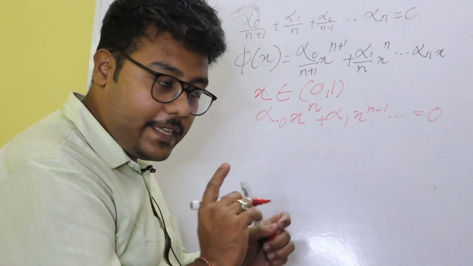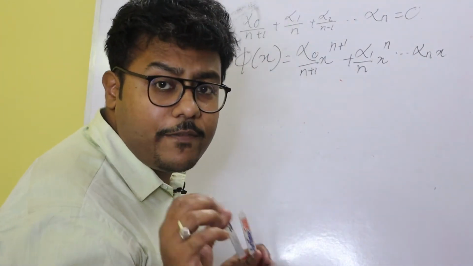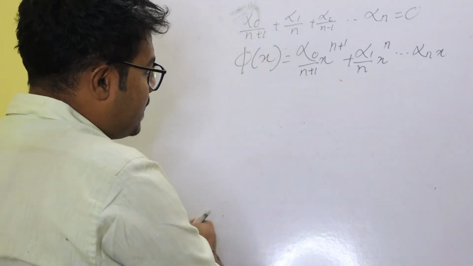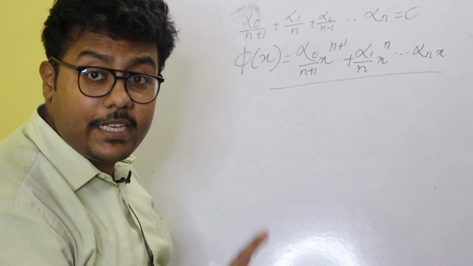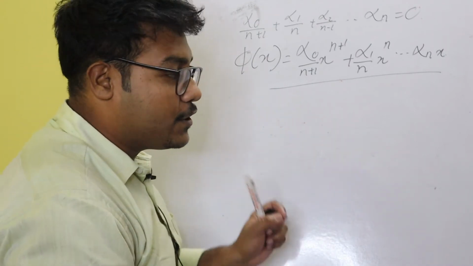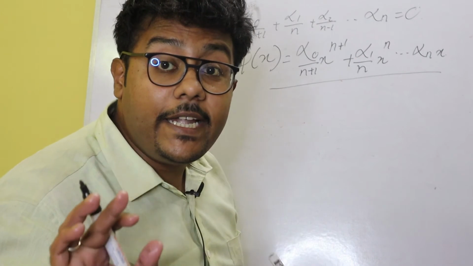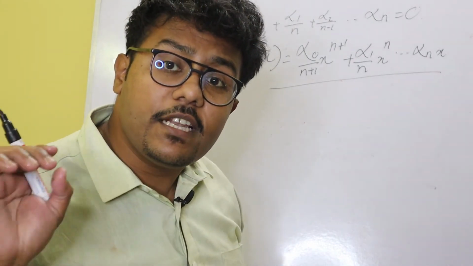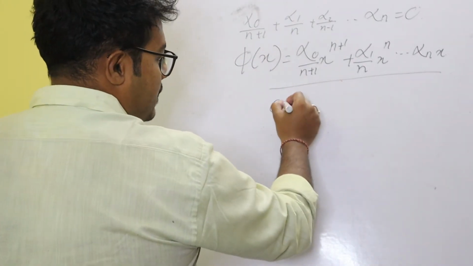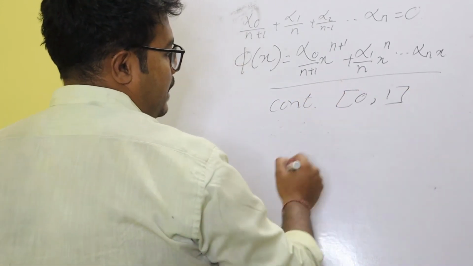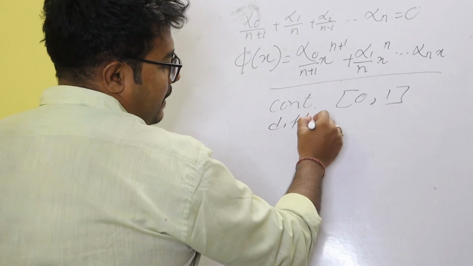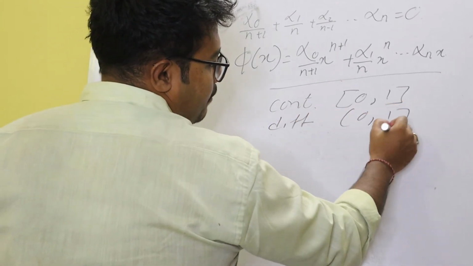We are given this thing. Now friends, observe carefully. This function is a polynomial function, so it will be continuous within the closed interval 0 and 1, and it will also be differentiable within the open interval 0 and 1.